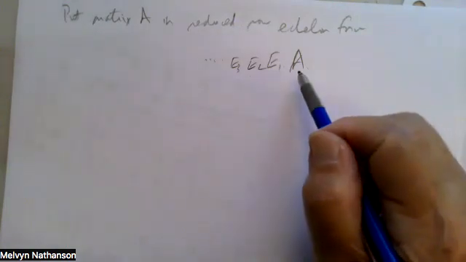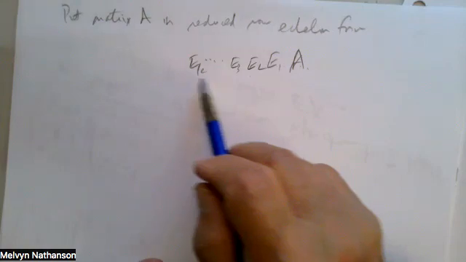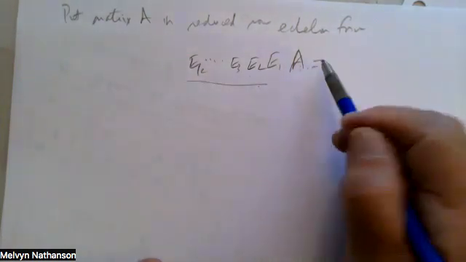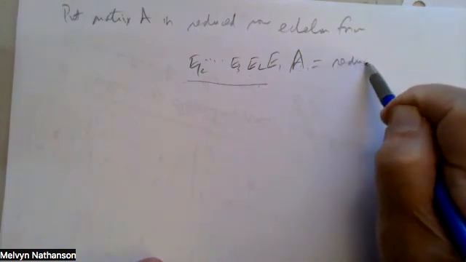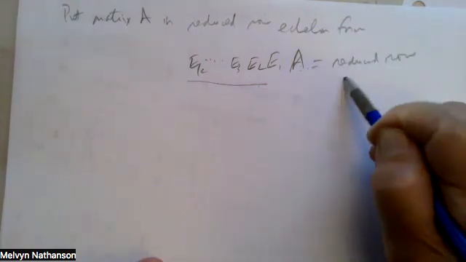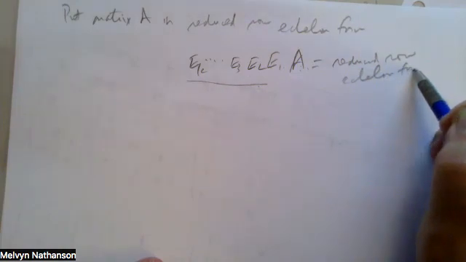And step by step by step, as I put A in reduced row echelon form, I get a product of elementary matrices, such that product of matrices times A is the reduced row echelon form of A.